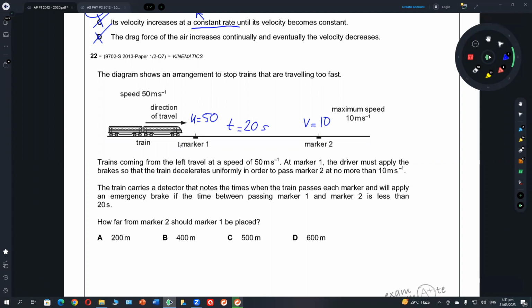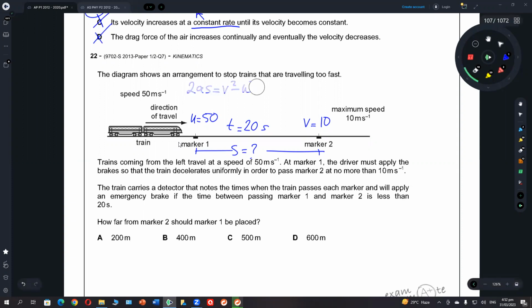So he's asking for the distance. S equals ut plus half at squared will be used. But we don't have the acceleration. I was thinking we should first find acceleration from this equation, but you're right that we don't have the distance.